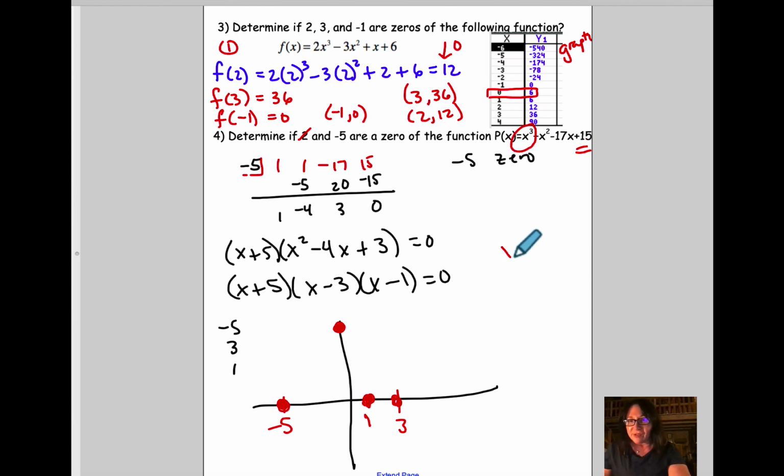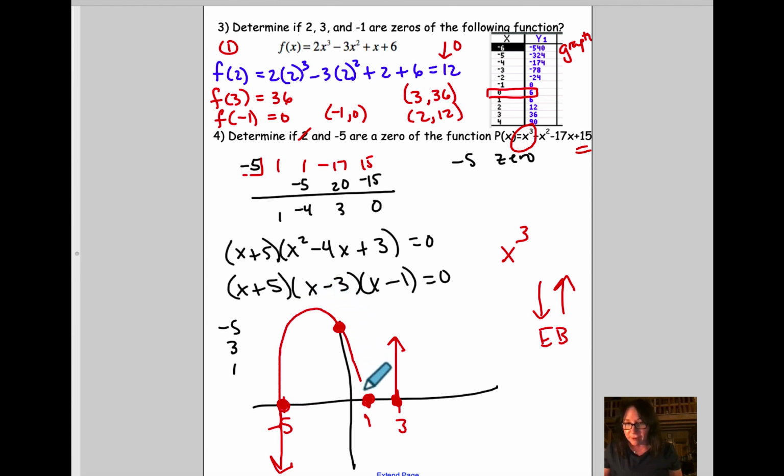What that means is if this is an x cubed, you know that the end behavior is right arm up, left arm down. So right up, this is end behavior, EB. So if I were graphing this, right arm up goes that way, left arm goes down this way, and then the rest of the graph just sort of smoothly follows the points, right? I'm going to have to go up. It's going to go probably through that point, of course, go down.